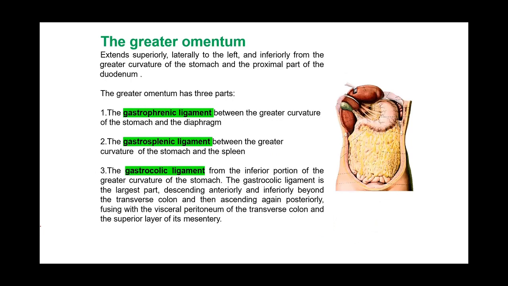Now, the greater omentum extends superiorly, laterally to the left, and inferiorly from the greater curvature of the stomach and the proximal part of the duodenum. It has three parts. The gastrophrenic ligament between the greater curvature of the stomach and the diaphragm.